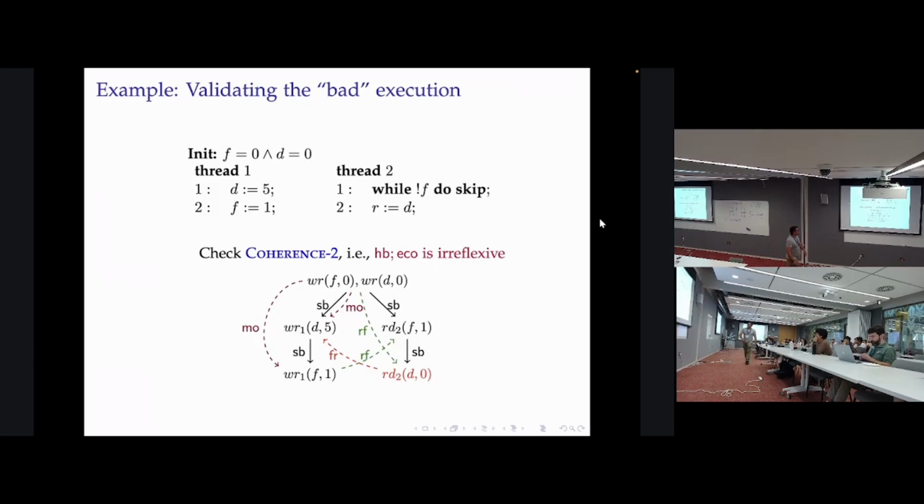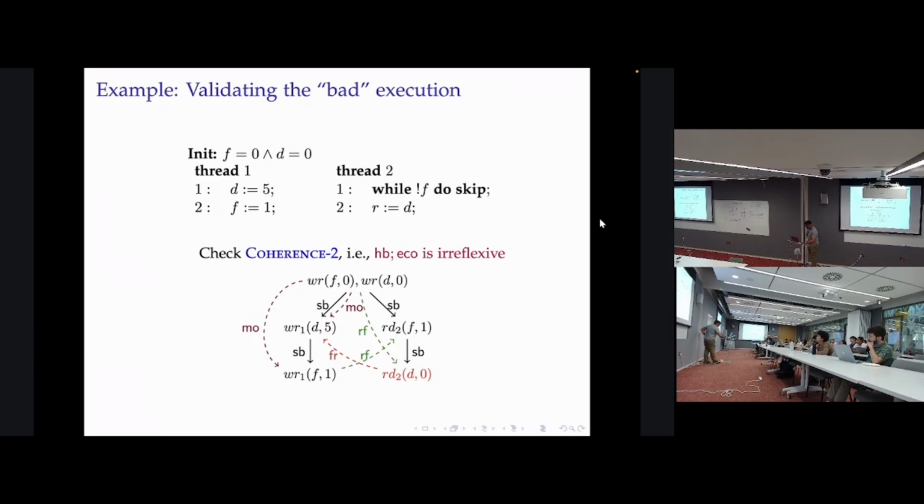Just to recap, if I read this, I'm expecting to see D equals 5, but I see the wrong value for D, an old value, because of things being left in the cache and so forth. Does that make sense?